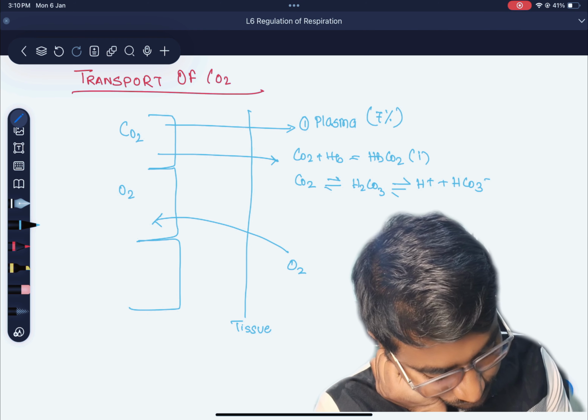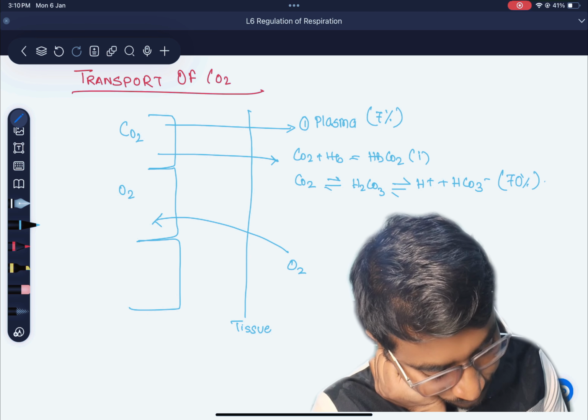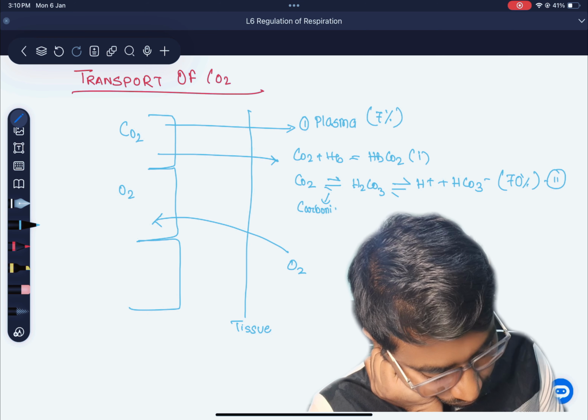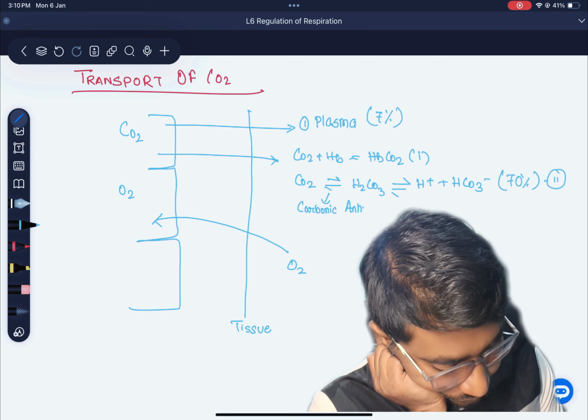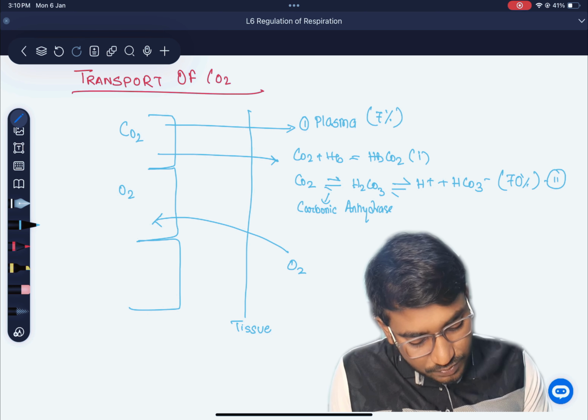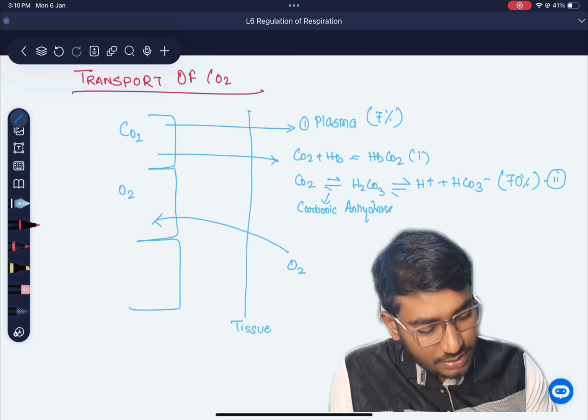This is 70%, reaction number 2. This enzyme is carbonic anhydrase, here also carbonic anhydrase. This total reaction occurs inside the RBC.